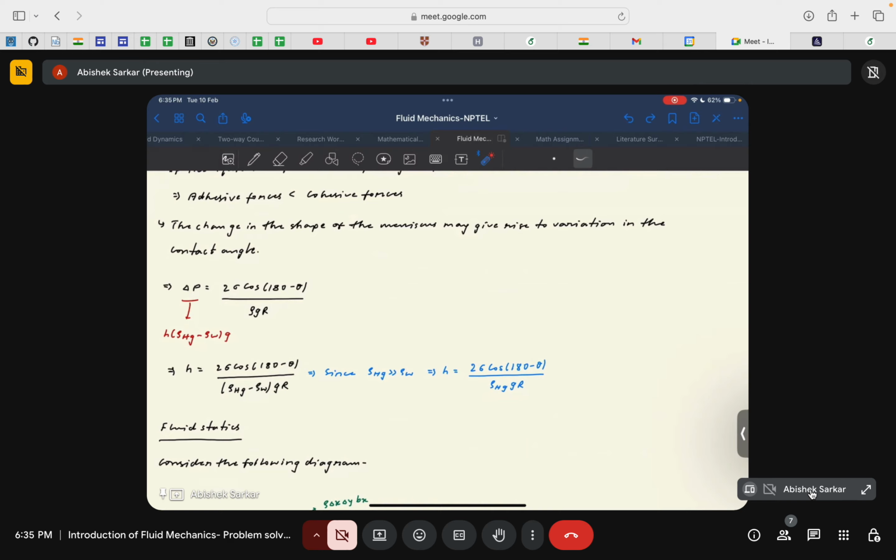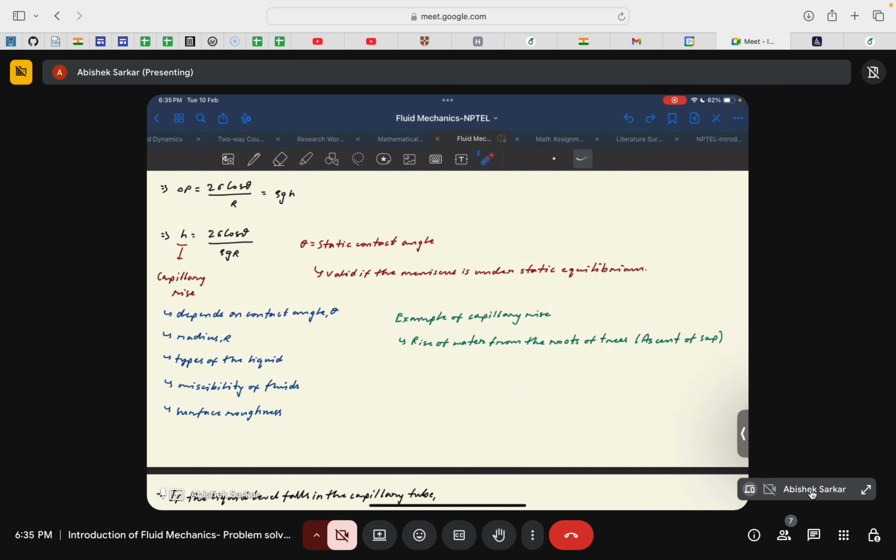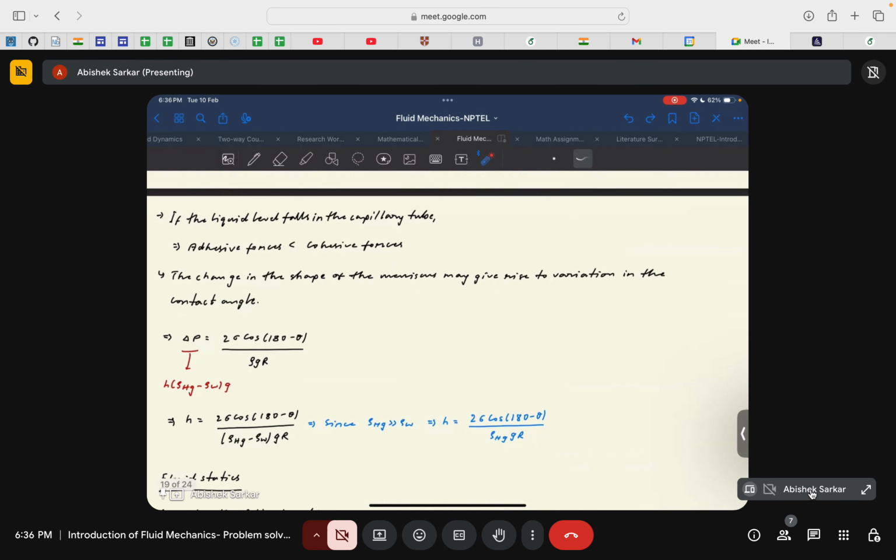The only difference here is that if the angle is obtuse, this will give you a positive value of H. As I already mentioned, you can even use this expression for capillary depression as well. In that case, your H will turn out to be negative, which tells you that there is a capillary depression. That's the only difference. All other things are exactly the same.